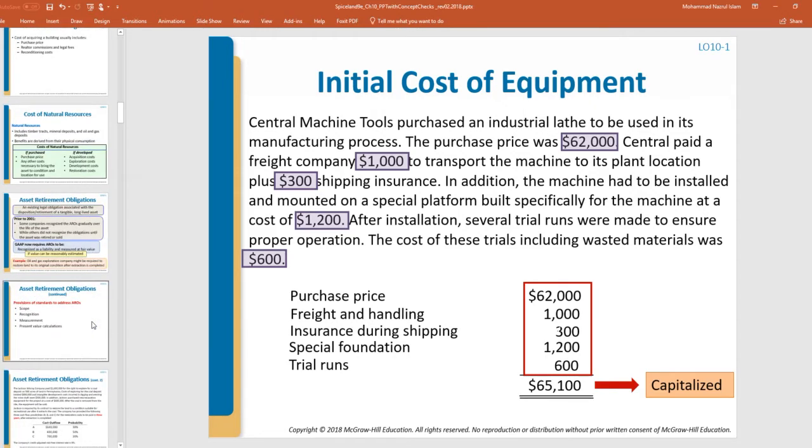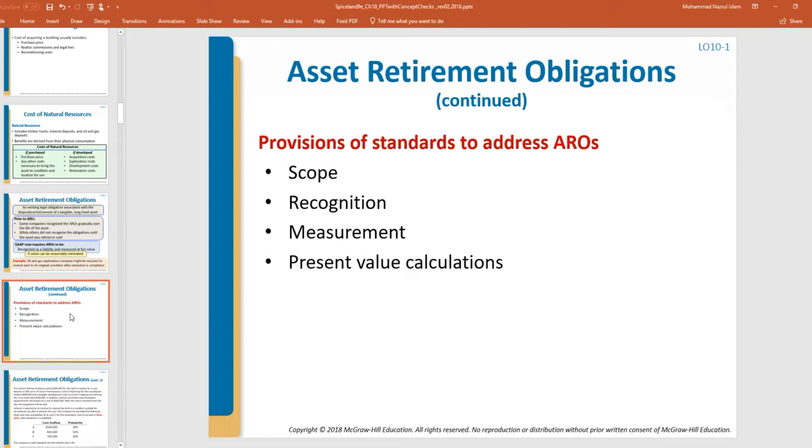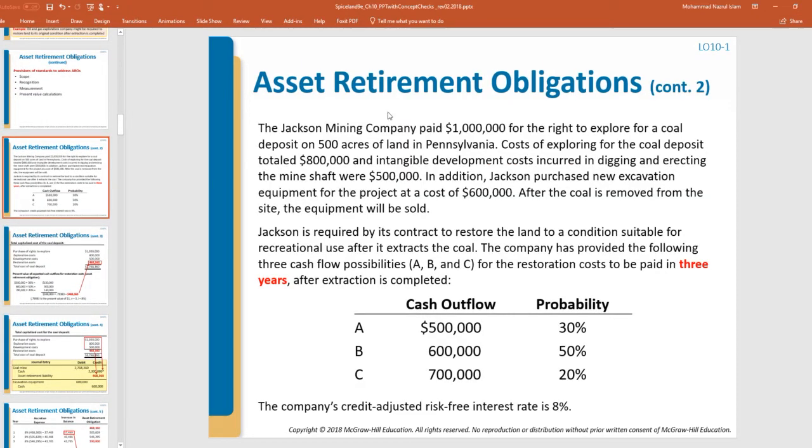Okay, so let's see. So asset retirement obligations are existing legal obligations associated with the disposition or retirement of tangible long-lived assets. Okay, so let's have an example. It will help us more. So the Jackson Mining Company paid 1 million for the right to explore for a coal deposit on 500 acres of land in Pennsylvania.